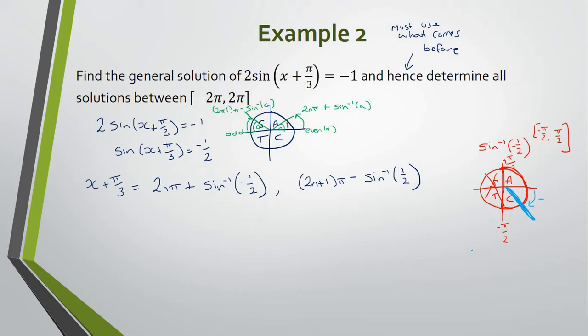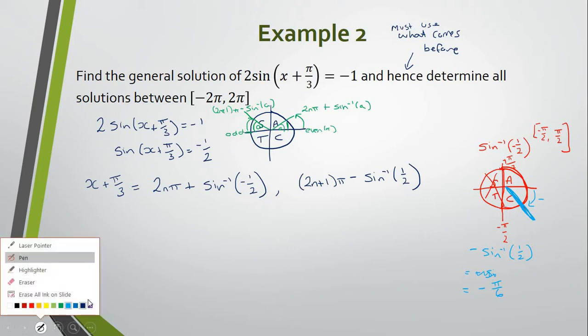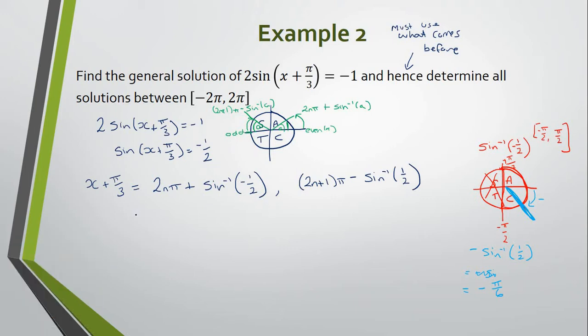So our answer is going to be the negative value of whatever sine inverse of 1/2 is equal to. Sine inverse of 1/2, we should all remember, is equal to pi over 6, so we get a value of -pi over 6.